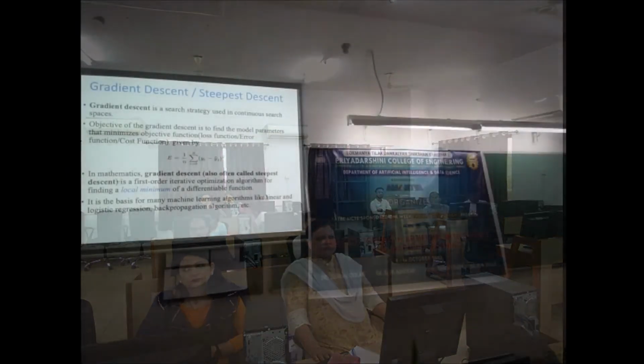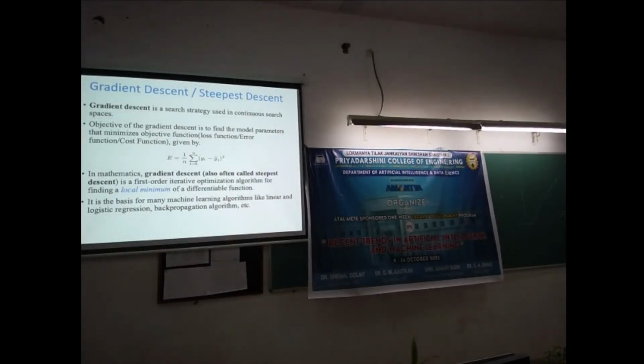Gradient actually means a slope, and descent means the slope is going down, or becoming less. Descent means going down, ascent means climbing up. This is the search strategy used in continuous search.